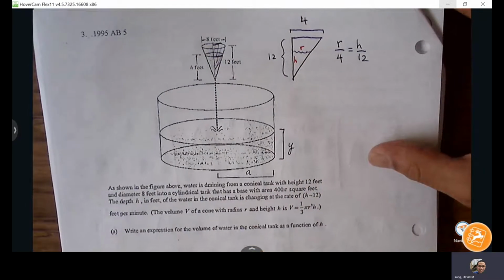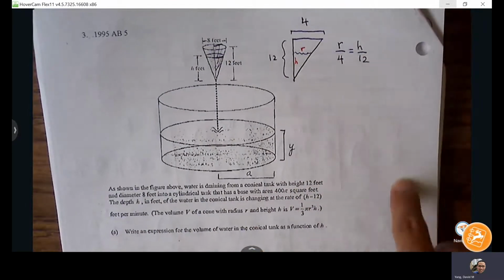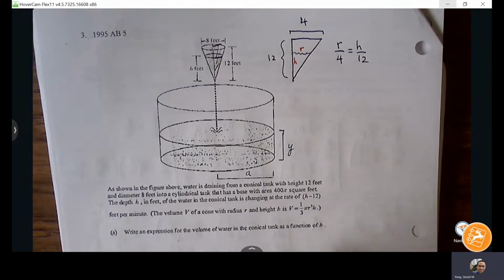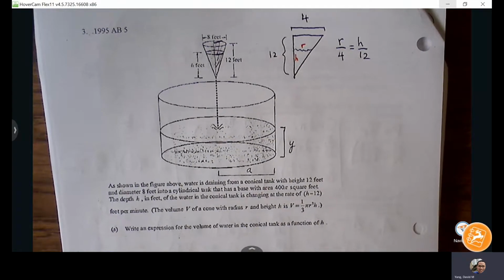All right, so from here, see if you can make the appropriate substitution into the volume equation and get your volume equation all cleaned up. Okay, let me just see how you guys do with that step. Okay, it's the most important step, I feel.